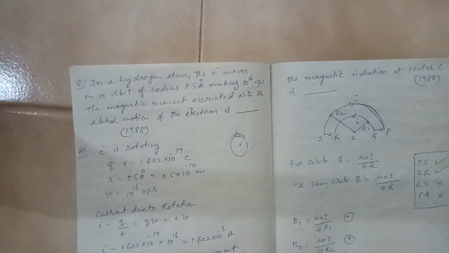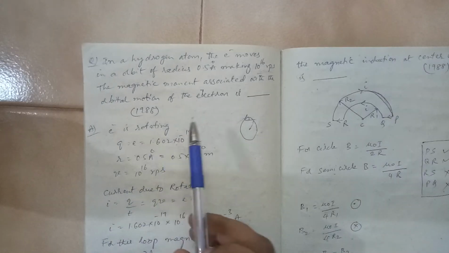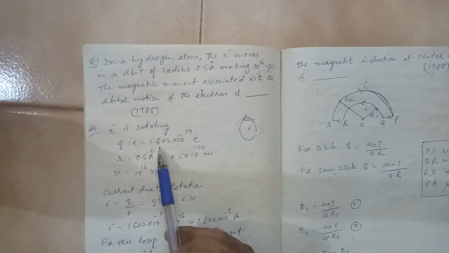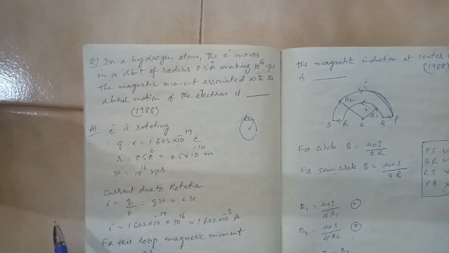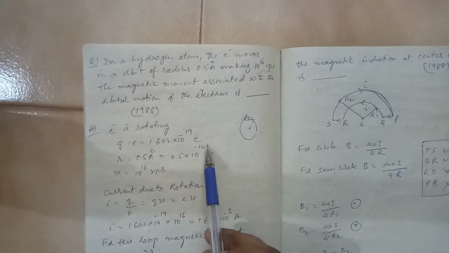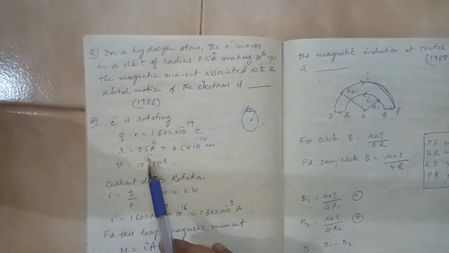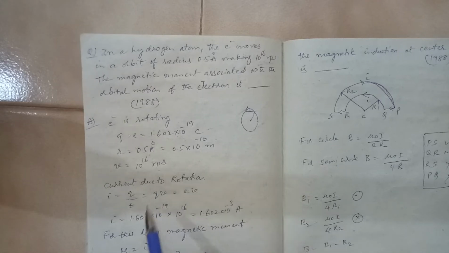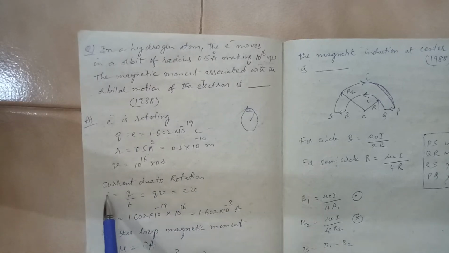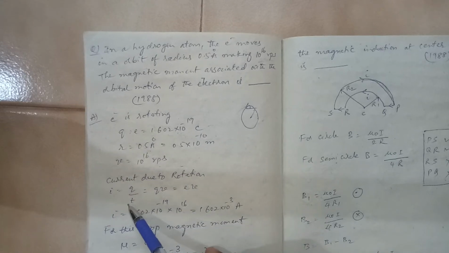So what is the charge of the electron? Electron has got a negative charge and its charge is 1.602 into 10 power minus 19 coulomb. Radius is 0.5 angstrom. Angstrom means 10 power minus 10 meters. And frequency is given as 10 power 16 RPS, rotations per second. So if you want to find the current, it is always charge by time.